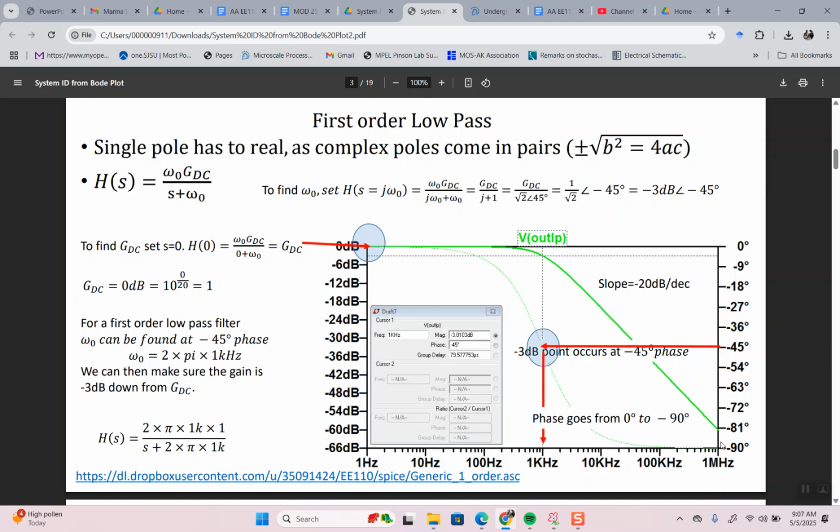All right. But here's our transfer function of a low pass first order filter. You have omega naught, and then you have a gain DC. Well, the gain DC in this case is 0 dB. So what's H at 0? Well, it's not 0 dB; you have to convert it to gain DC, and it's 1.